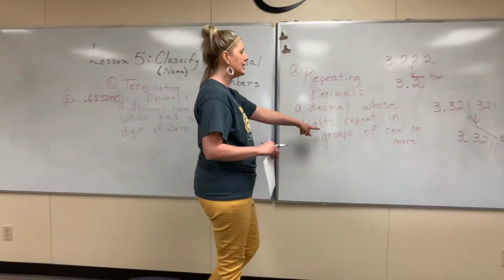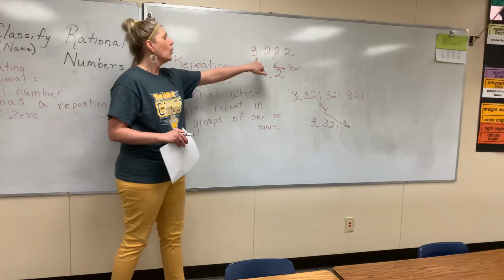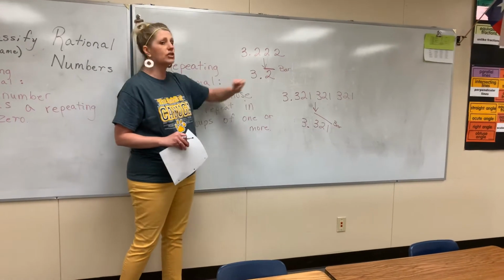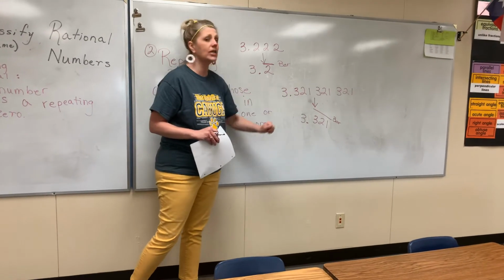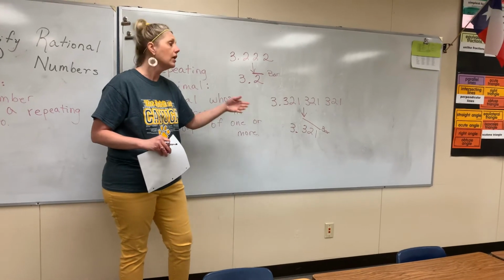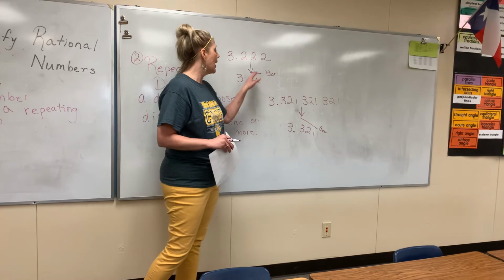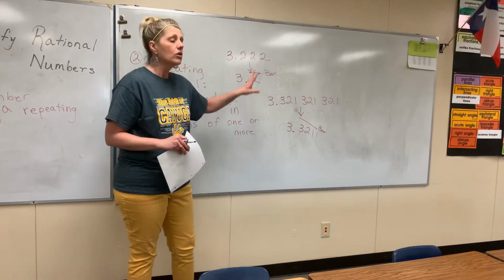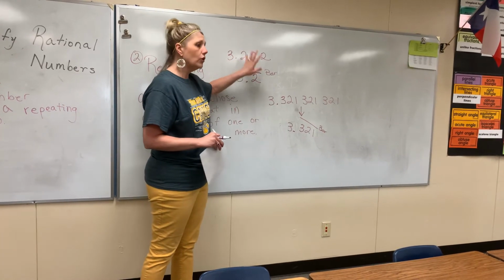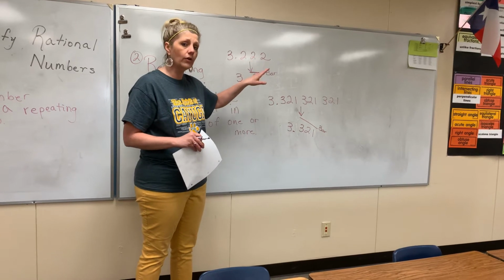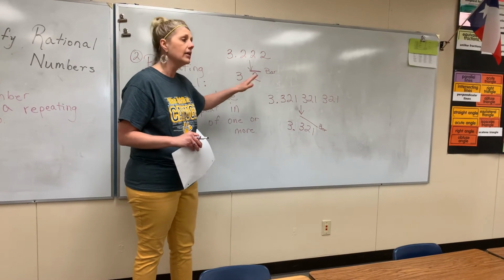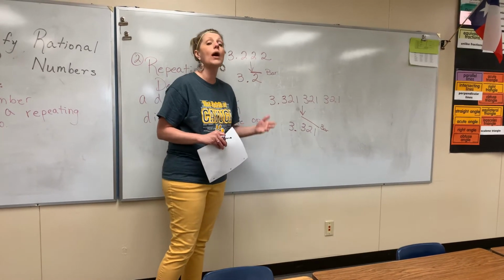But a repeating decimal is one where 1 digit might repeat, 2 digits might repeat, 3 digits might repeat. It just depends on the division of the numerator and the denominator after you divide. So like I said, you'll have to add zeros to the back of your number and keep dropping the zeros and dividing to see whether or not it repeats and what repeats.